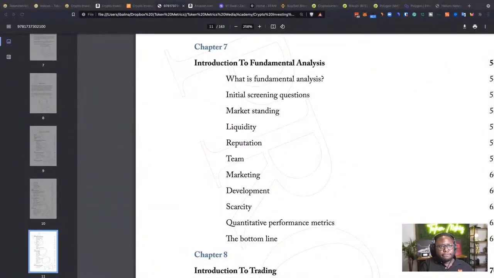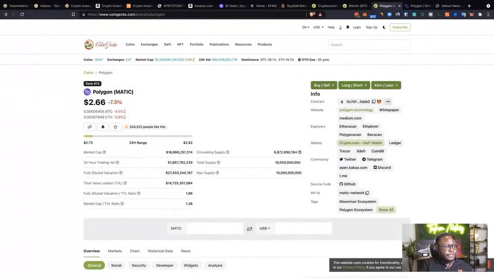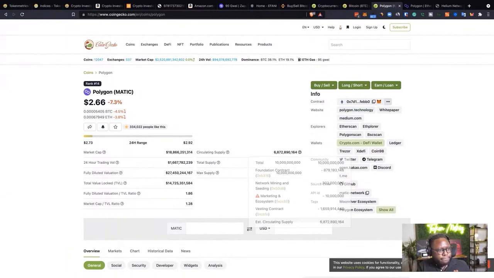So let me get some examples of projects. For example, Matic, right? Matic has basically 6.8 billion tokens circulating, total supply 10 billion. So basically 68% is on exchanges, or can be bought on exchanges. So this is a community-owned project, essentially.